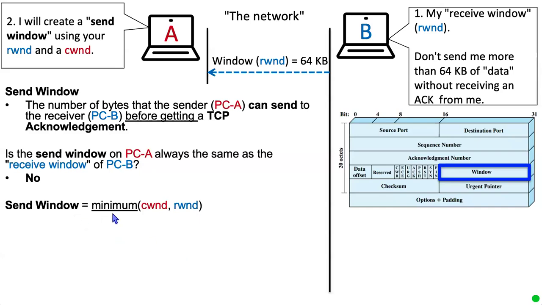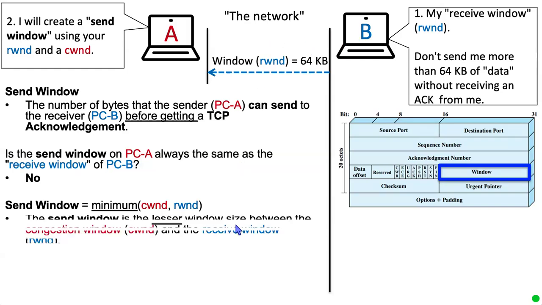But the send window is the minimum of the congestion window, which we're going to talk about in a moment, and the receive window that PCB is advertising. The send window is going to be the lesser of those two. That's what CWND is, the congestion window, and the receive window.